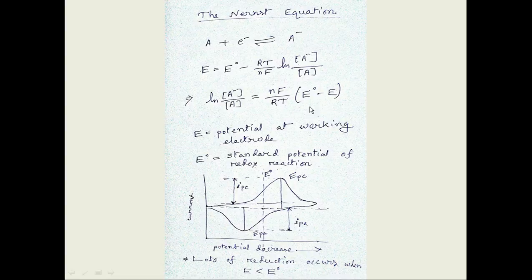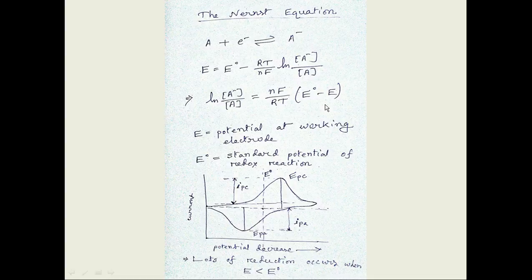From this equation, A minus means the reduced species. To make the reduced species more, this right-hand side should be positive.